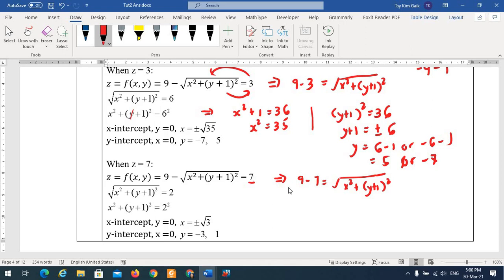So cube root of x squared plus (y plus 1) squared equal 2. Then square both sides to eliminate the square root on the left-hand side. So you get x squared plus (y plus 1) squared equal 2 squared. Again, this is a circle centered at x = 0, y = negative 1 with radius 2 units.